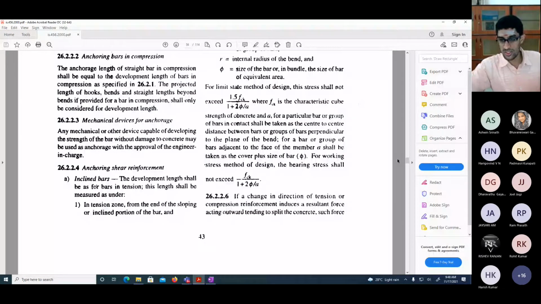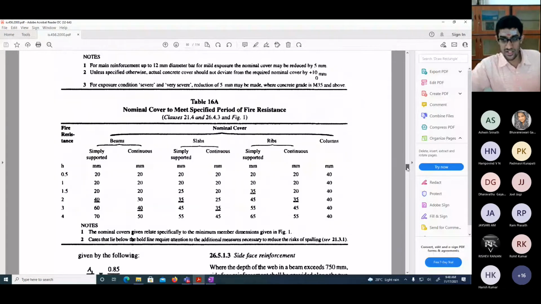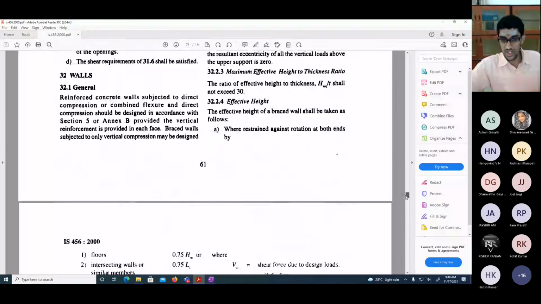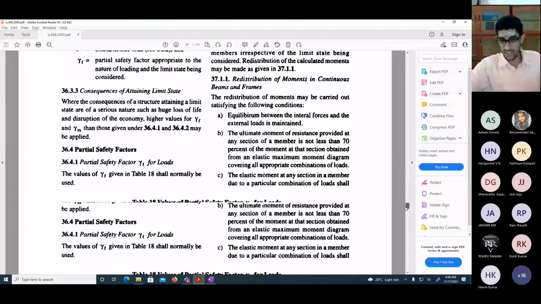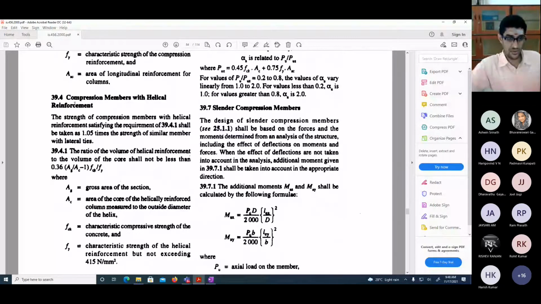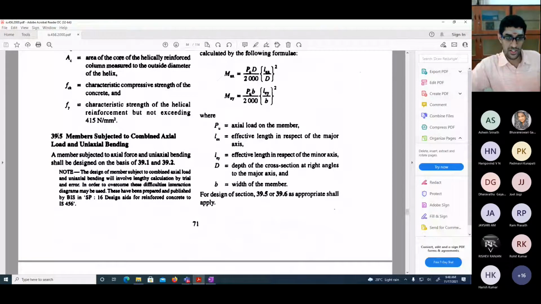So this is as far as the definition of slender column is concerned. Then when you come to design of compression members, you have some idea on how to design a slender column. These things we saw yesterday. Members subject to combined axial and uniaxial bending. Here it's written why we use the SP16. Design of member subject to combined axial and uniaxial bending involves lengthy calculations by trial and error.